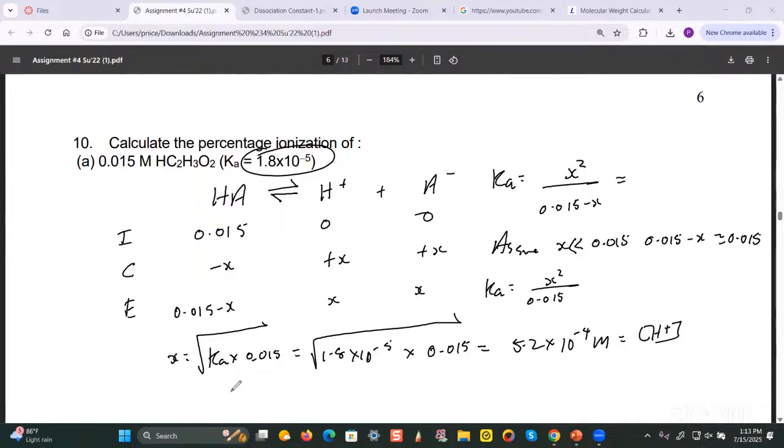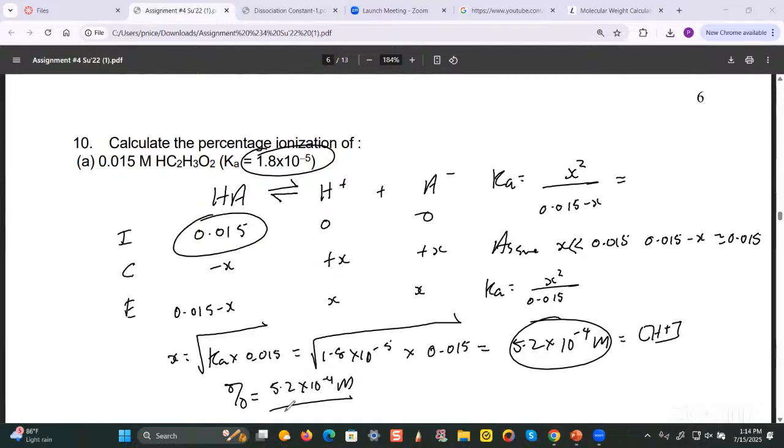So to find the percent ionization, that would be equal to the concentration of H plus, which is 5.2 times 10 to the minus 4 M divided by the initial concentration of the weak acid, 0.015 M, and multiply that by 100%.